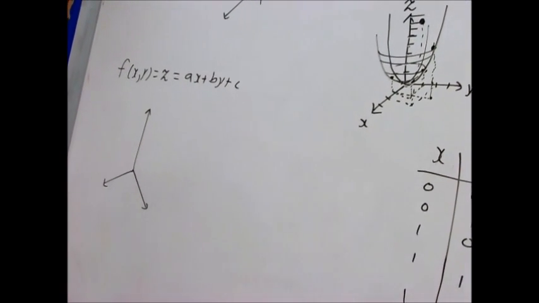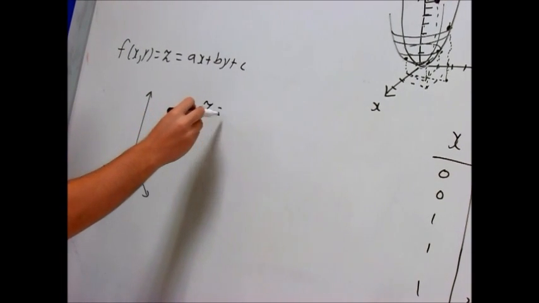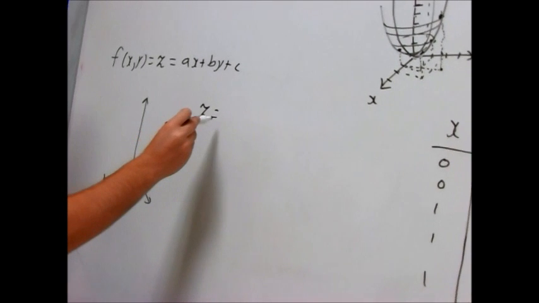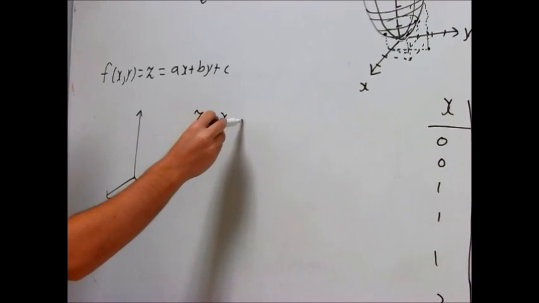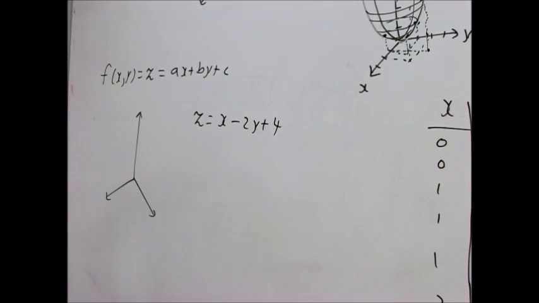So let me show you how this would look. Let's do an example. z equals x minus 2y plus 4, for example. So one way of visualizing this plane here is to find the intercepts.